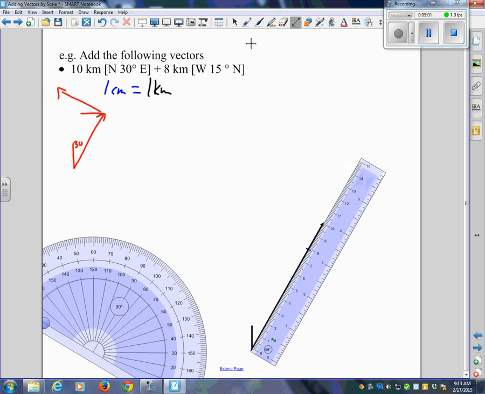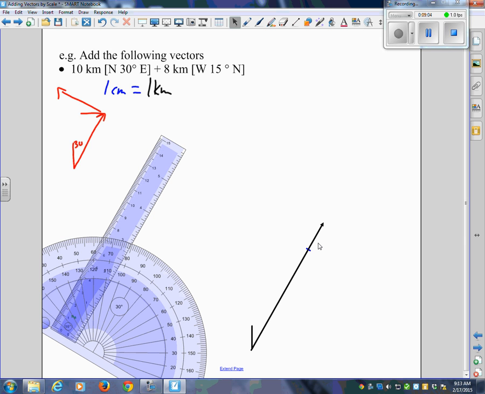Okay, so there's my first one, 10 centimeters. Then what? What do I have to do first? Right, make a reference line. West 15 north. So I'm going to draw a reference line that goes west from there. Does it matter how long that is? No. West 15 north.